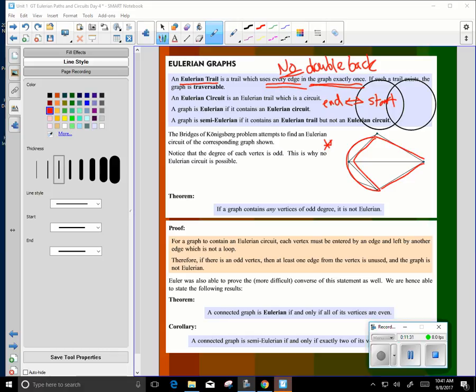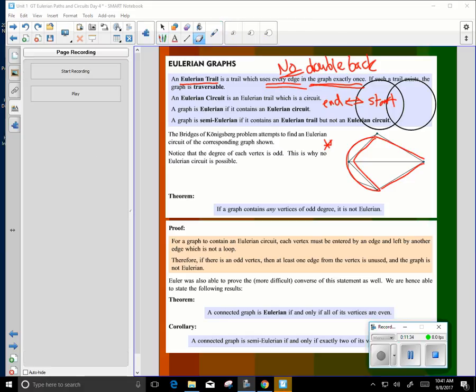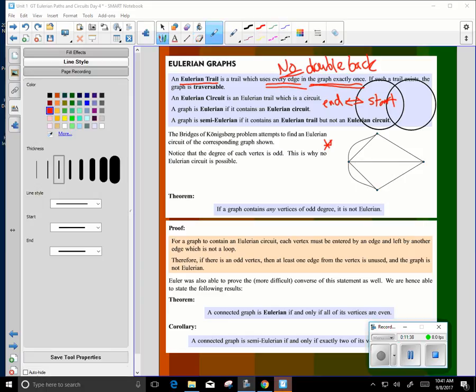So what we can find then is, if a graph contains any vertices of odd degree, it won't be Eulerian. So this, what's the degree of this one? 3. This one? 4, 2, 3, 4, 5, 3, and 3. Okay? So if a graph contains any vertices of odd degree, it's not Eulerian. Let's check.